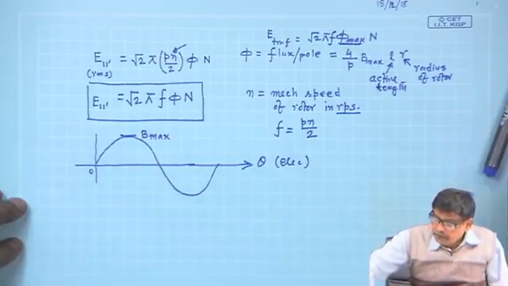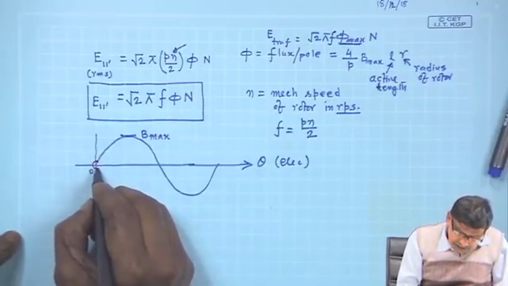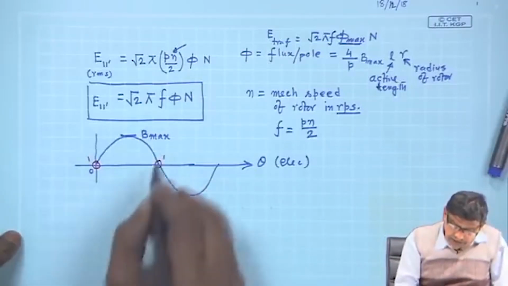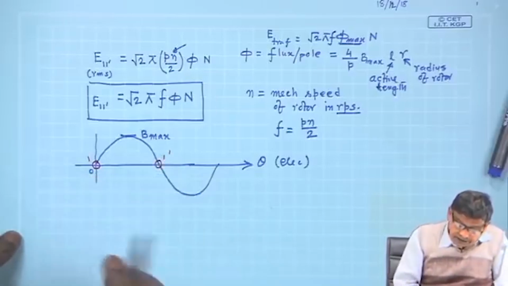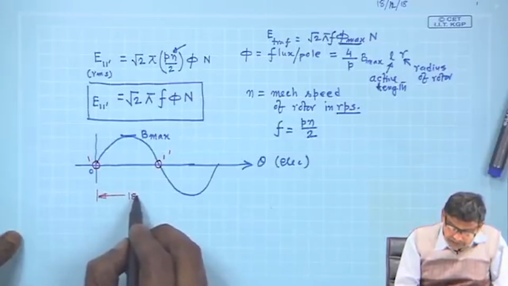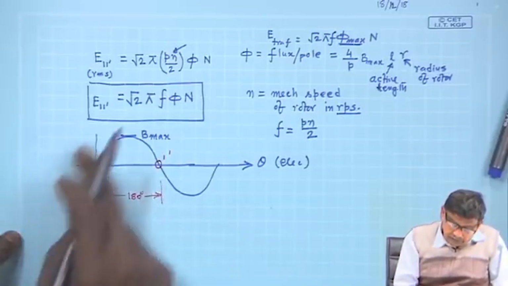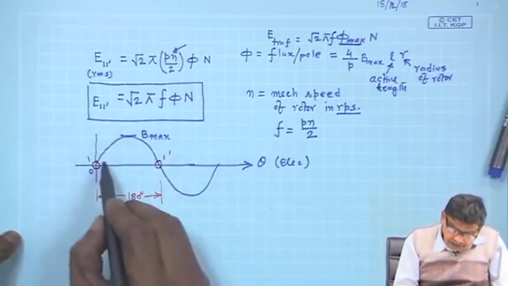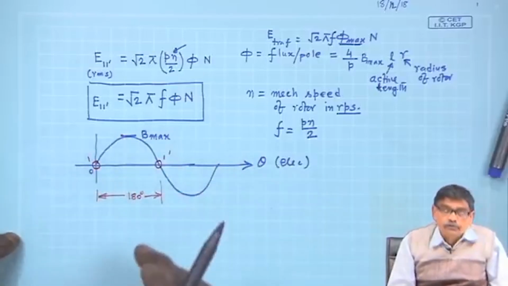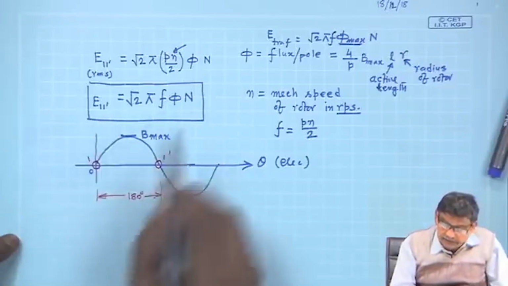If you imagine your coils are staying here at t equal to 0, 1 and 1 dashed, the coil span should be 180 degree electrical. So, this is always 180 degree electrical, these angles. This is how B is distributed, and if this coil moves, there will be an AC induced voltage in it. The RMS value of that AC voltage is this one.